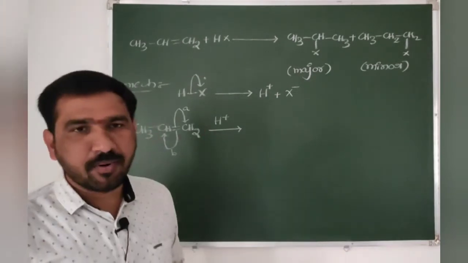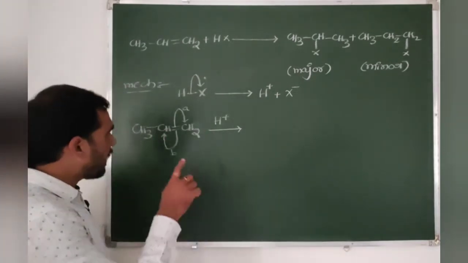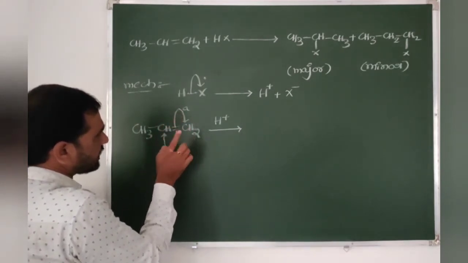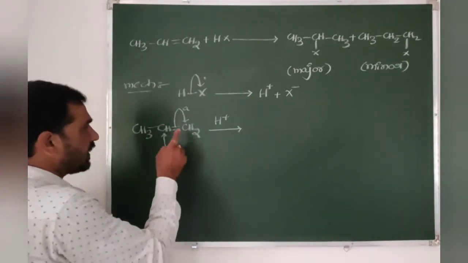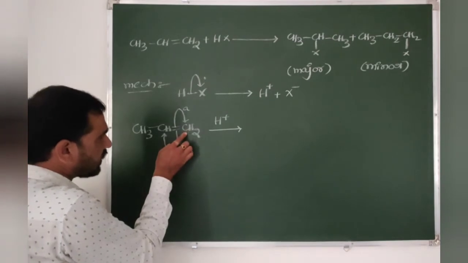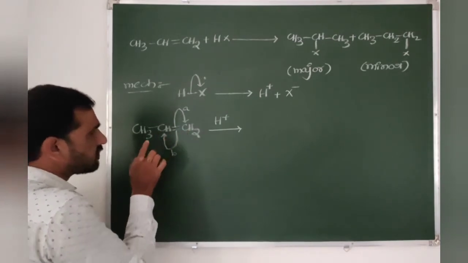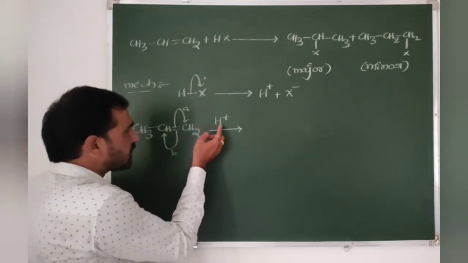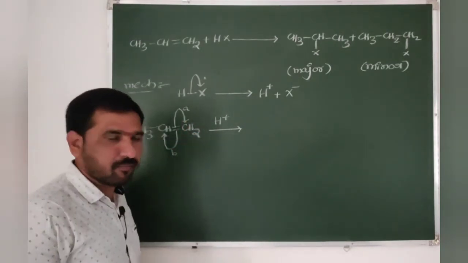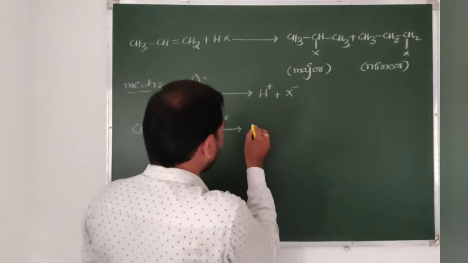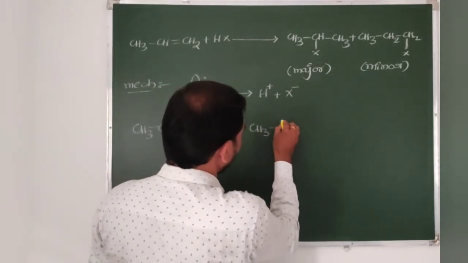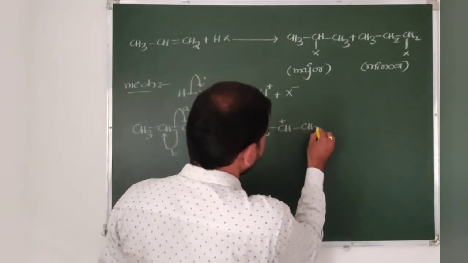Let me check first path A. By path A, pi bonded electrons moving towards the right side carbon, then this carbon getting negative charge, opposite one getting positive charge. What happened after that? H plus add over negative charged carbon. It results formation of carbocation CH3 CH plus CH3.